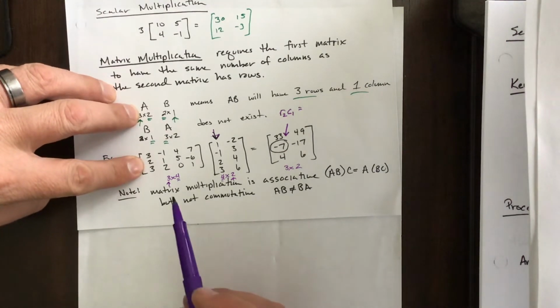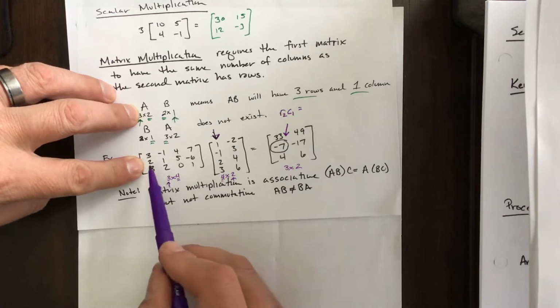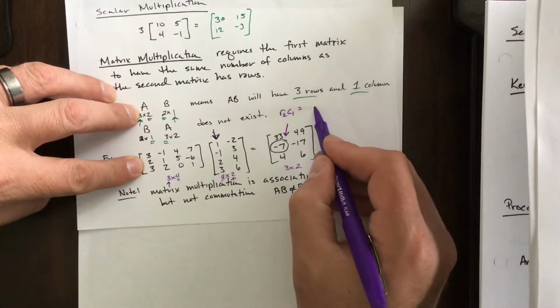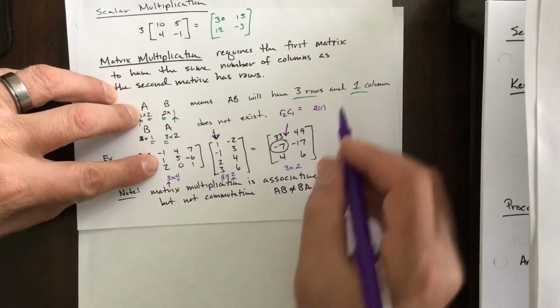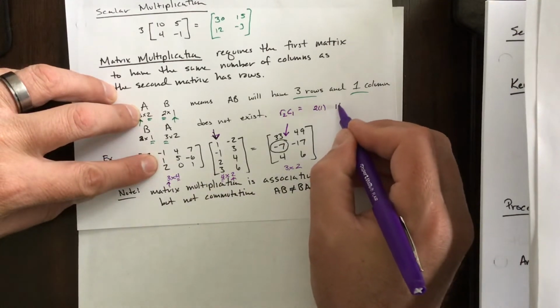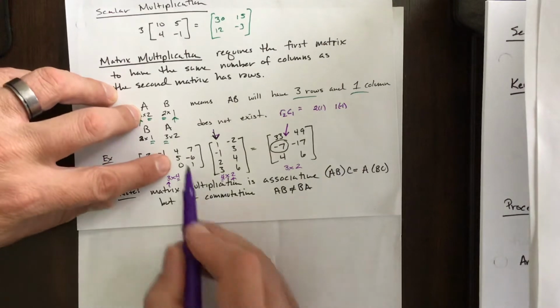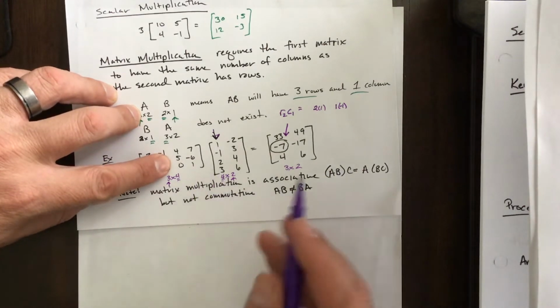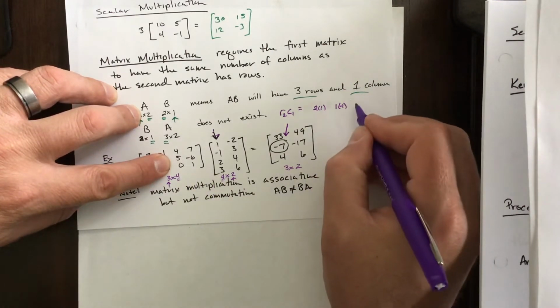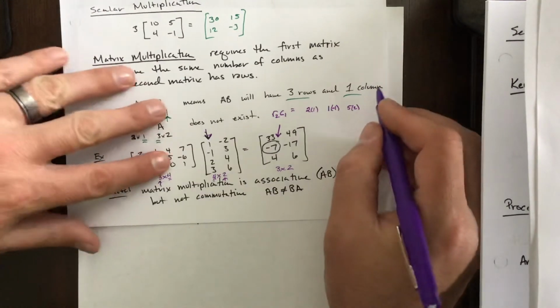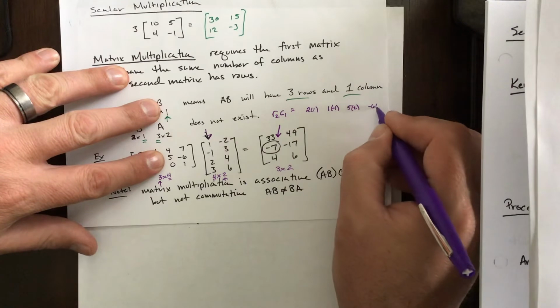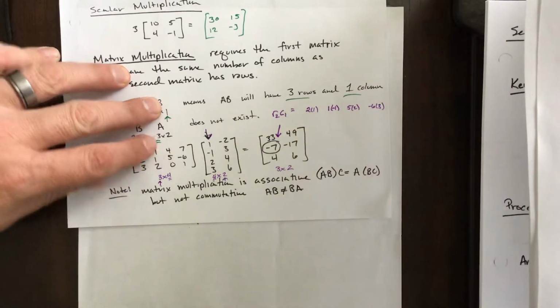Well, you multiply entry by entry. 2 times 1 is 2. 1 times -1 is -1. 5 times 2 is 10. And -6 times 3 is -18.